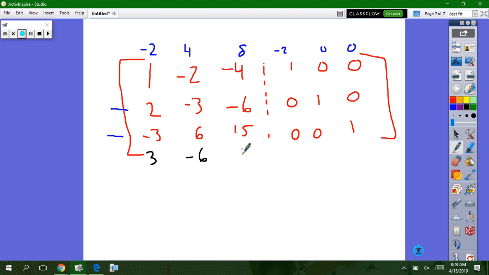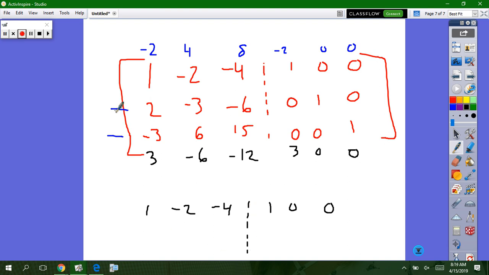What am I multiplying that by again? 3. -12, 0, 0. Excuse me. That was horrible. And sometimes this is why I shouldn't do this. 1 times 3 is 3, and this is 0. So I'm going to keep row 1: 1, -2, -4, 1, 0, 0.